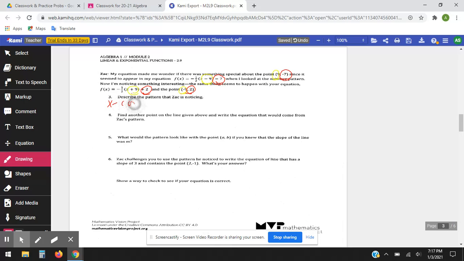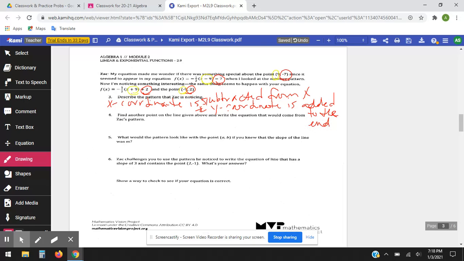So the x coordinate is subtracted from x, and the y coordinate is added to the end.